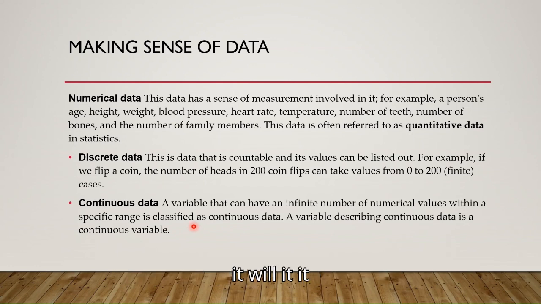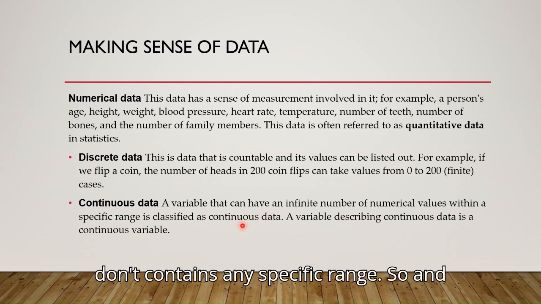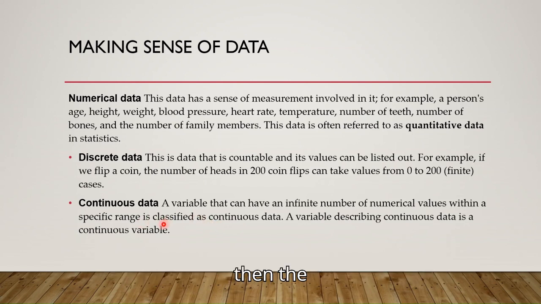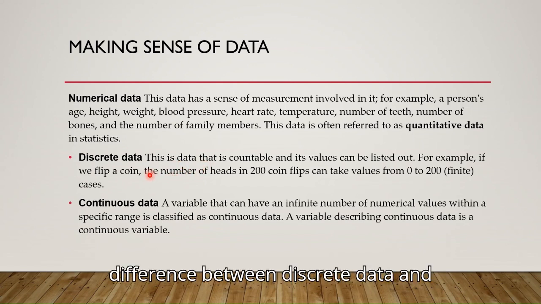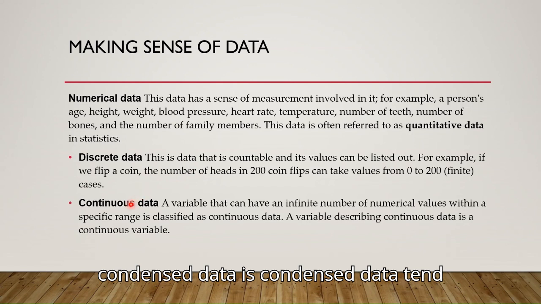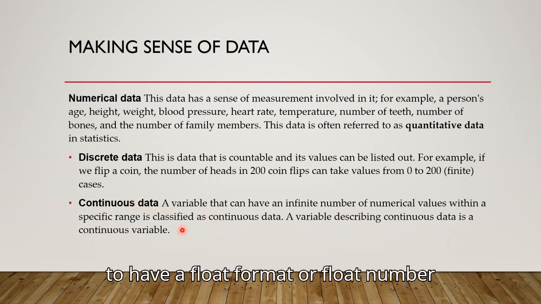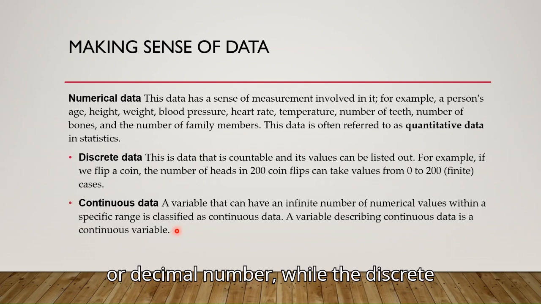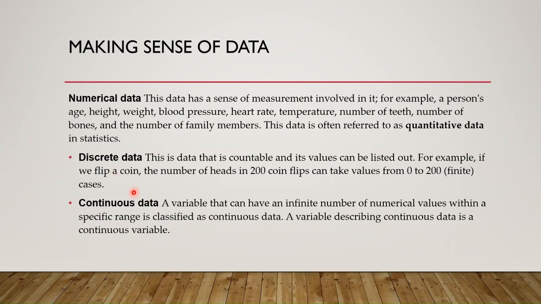So it doesn't contain any specific range. The difference between discrete and continuous data is that continuous data tends to have a float or decimal number format, while discrete data is an integer number.